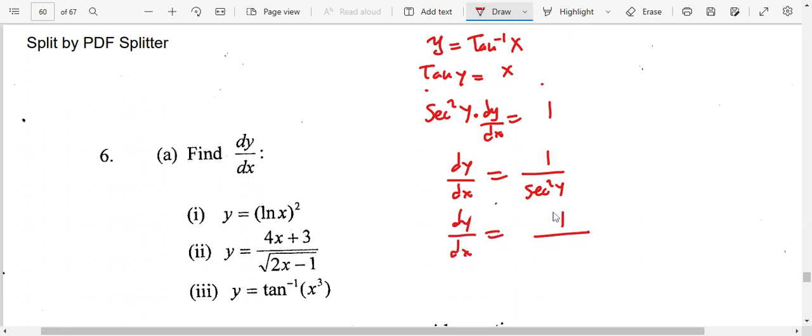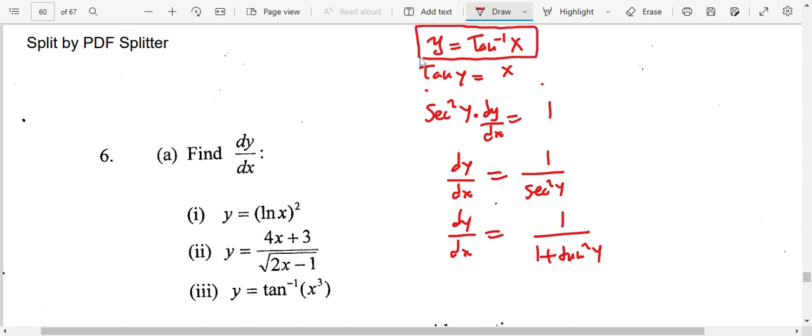1 over, but remember we have one, sec squared y is the same as 1 plus tan squared y, right? Then you can now replace, okay, the tan squared y. Remember what is y? y is already here, okay?